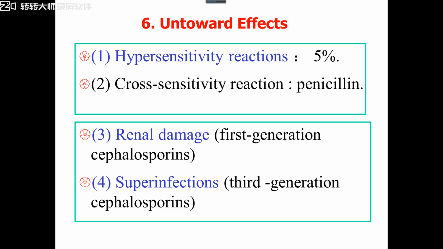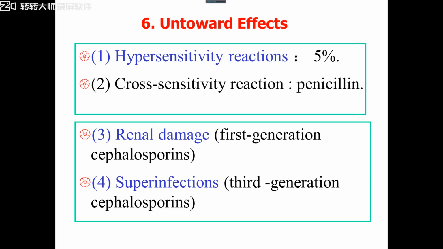The first point, for elderly patients and patients with abnormal renal function, we shouldn't give the first generation cephalosporins, vancomycin, or aminoglycosides.